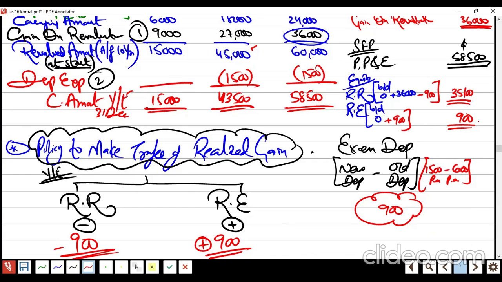Transfer to retained earnings means it is going to be added in retained earnings, but it is going to be deducted from somewhere, and that somewhere is the revaluation reserve. Deduct from revaluation, add in retained earnings, that is known as transfer of realized gain. Got my point? And that is the solution of this question. Any problems?